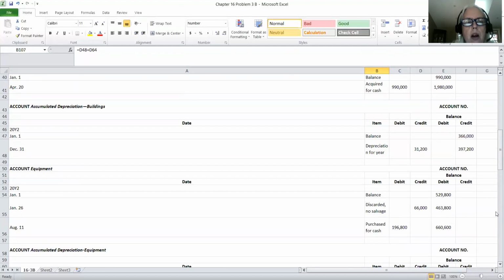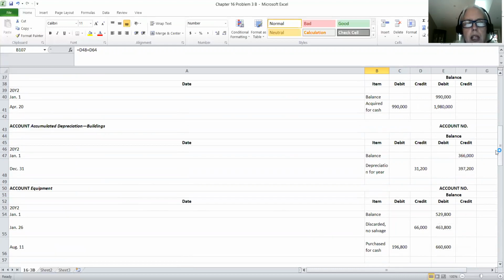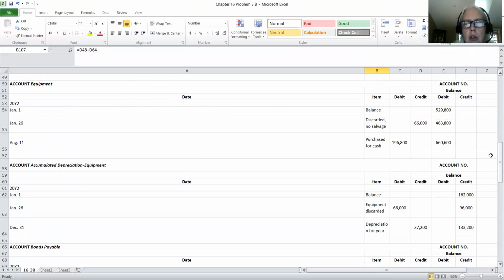So one of our accumulated depreciation accounts is on the building. And you can see here where they've written the depreciation for the year is 31,200. This 31,200 would be combined with the accumulated depreciation that was credited to the equipment account of 37,200.